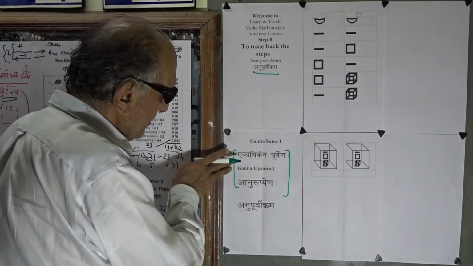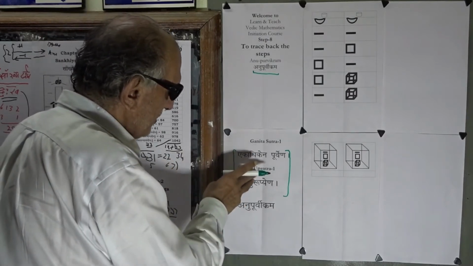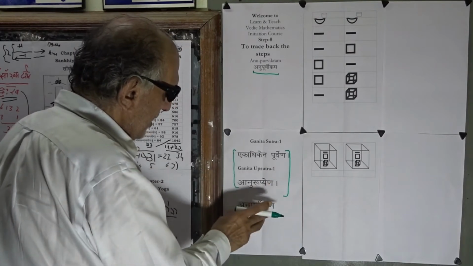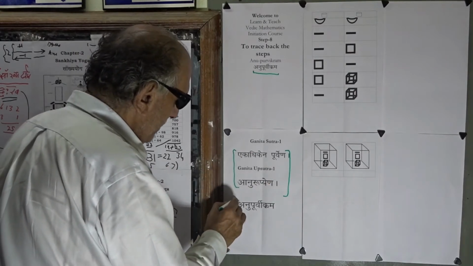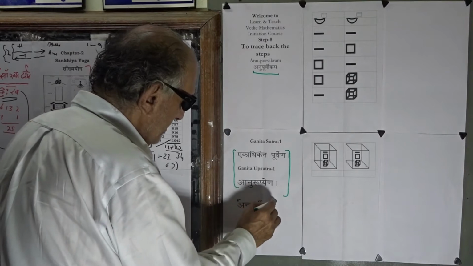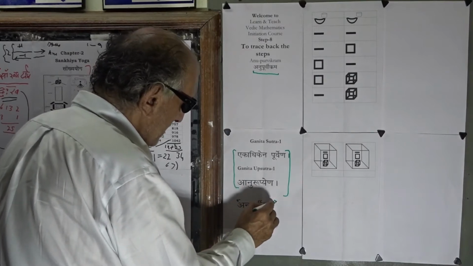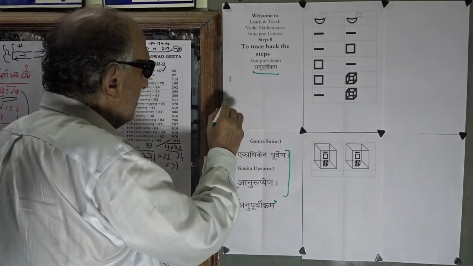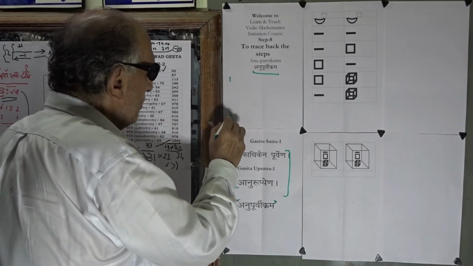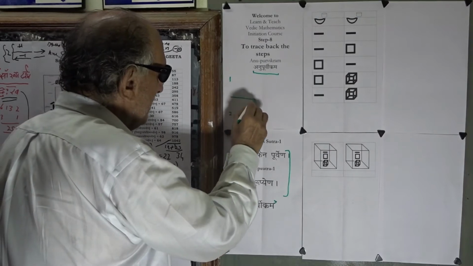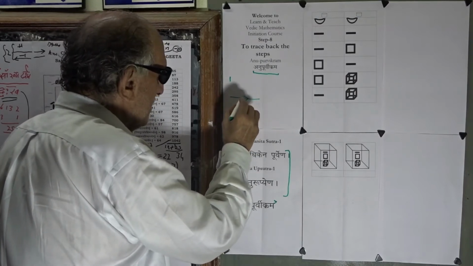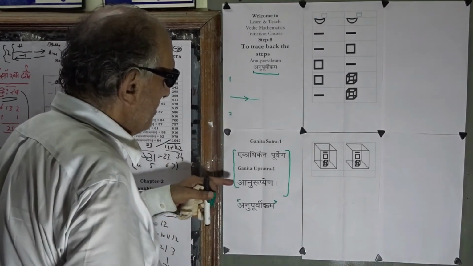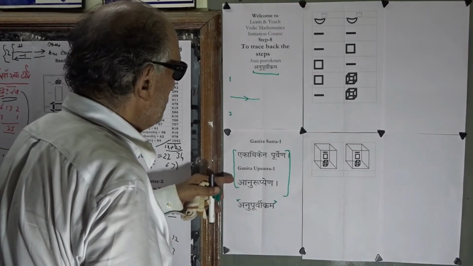This integrated formulation Anupurvi Kram is in fact a complete coverage from Sutra 1 to Sutra 2, as here the gap even stands bridged in terms of the values of Ganitas of Sutra 1.